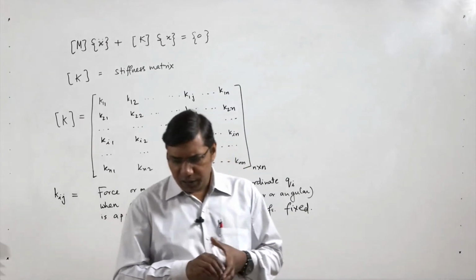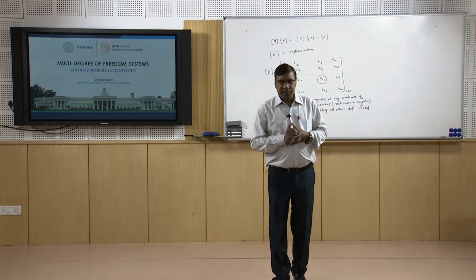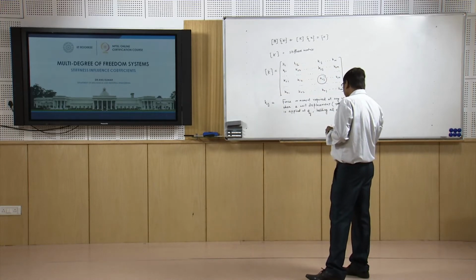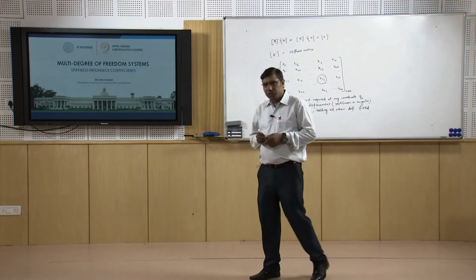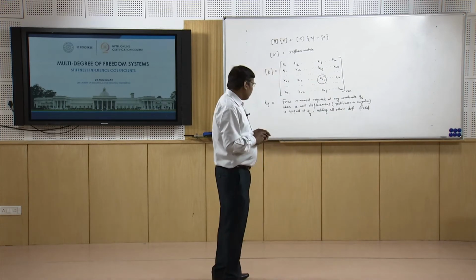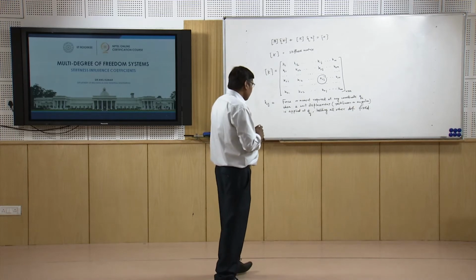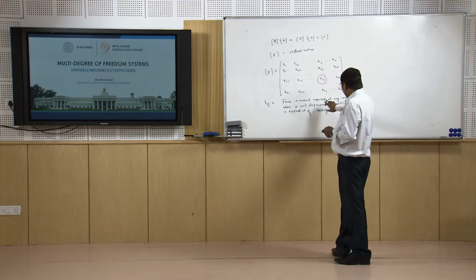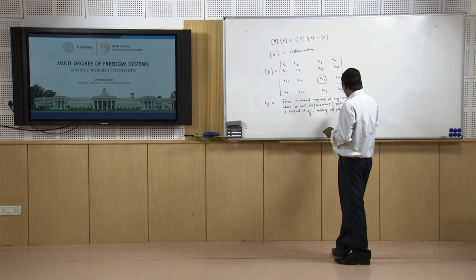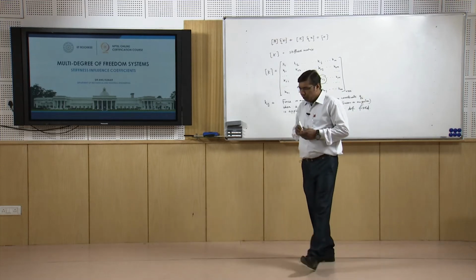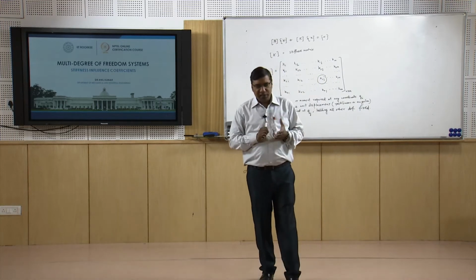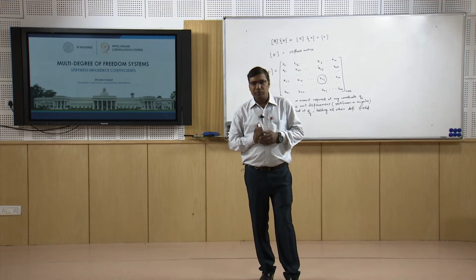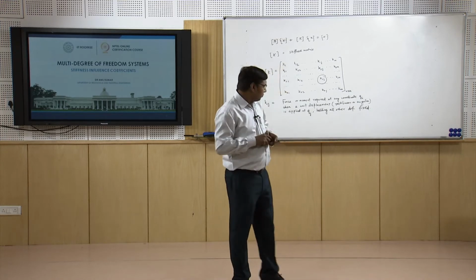So here the stiffness influence coefficient kij is defined as a force or moment. It is a force if it is linear motion, and a moment if it is angular motion. So what is the force required at coordinate i when unit displacement is applied at j, while all other degrees of freedom are fixed, so they have zero movement.